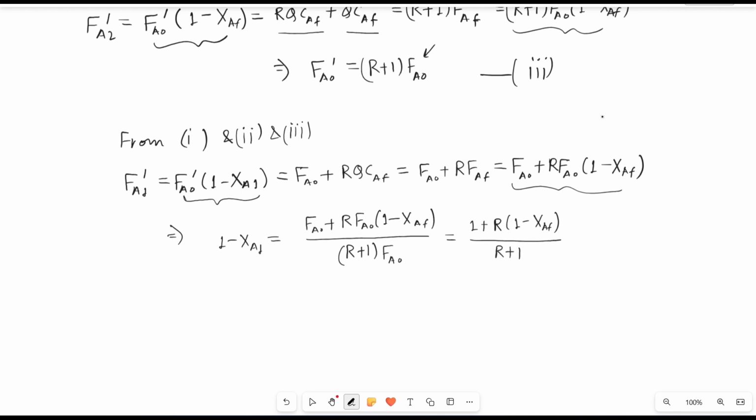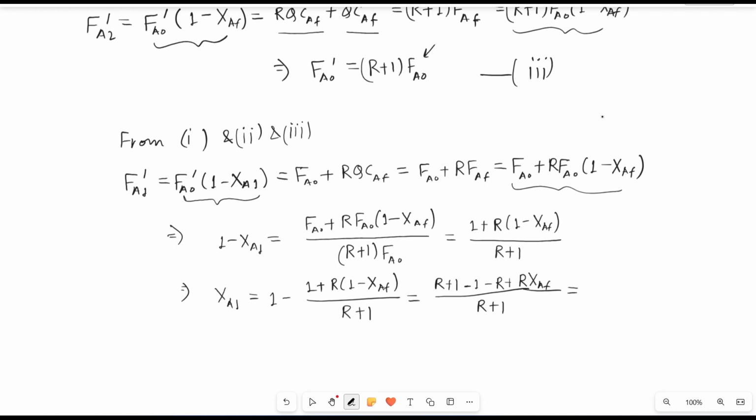Now if you solve for XA1, we get 1 minus (1 plus R (1 minus XAF)) divided by R plus 1, which we simplify: (R plus 1 minus 1 minus R plus R XAF) divided by R plus 1, which equals R by R plus 1 times XAF.